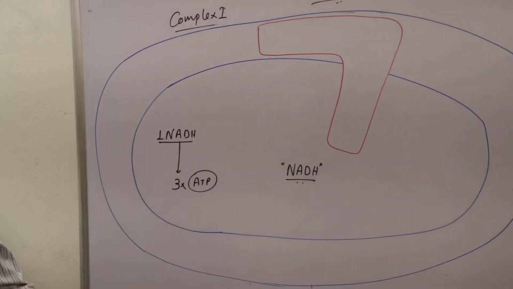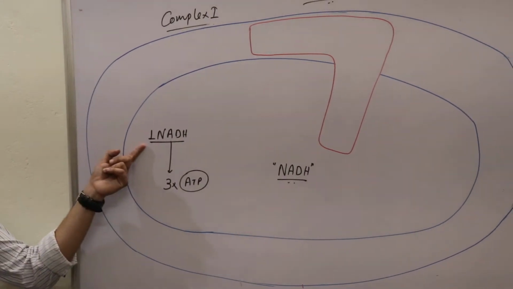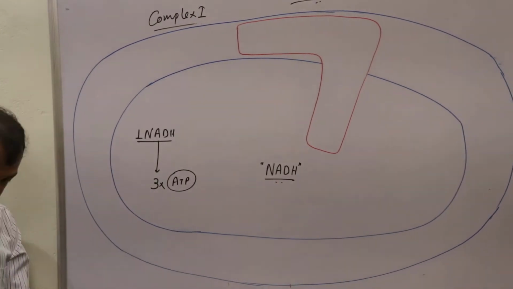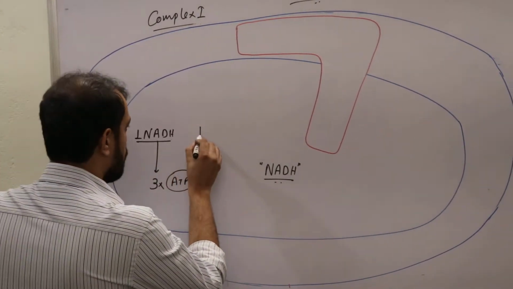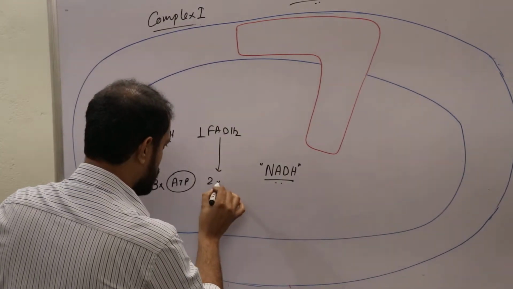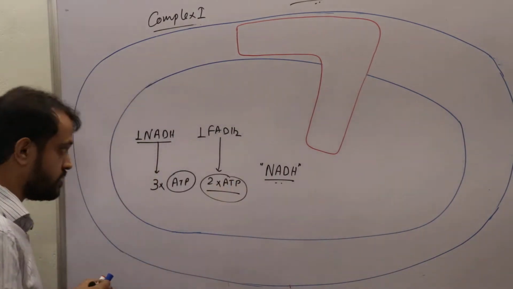This is the basic equation. For the oxidation of one molecule of NADH, 3 ATP are produced. For the oxidation of one FADH2, 2 ATP are produced. Now listen with all your attention.